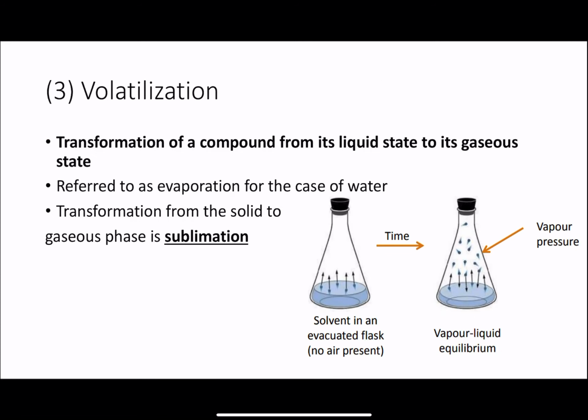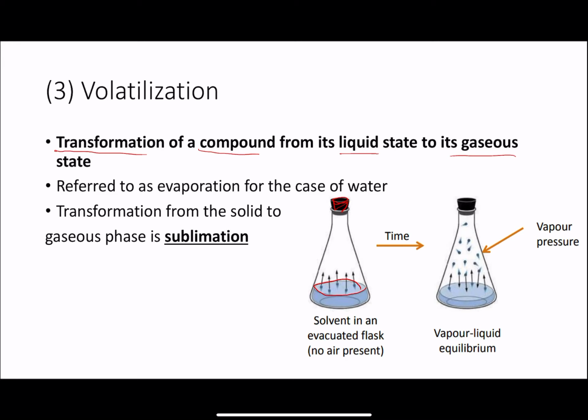Now we come to volatilization. What is volatilization? It is the transfer of a compound from the liquid to the gas state. If we have water here, let's say we closed it, and this water has benzene in it.